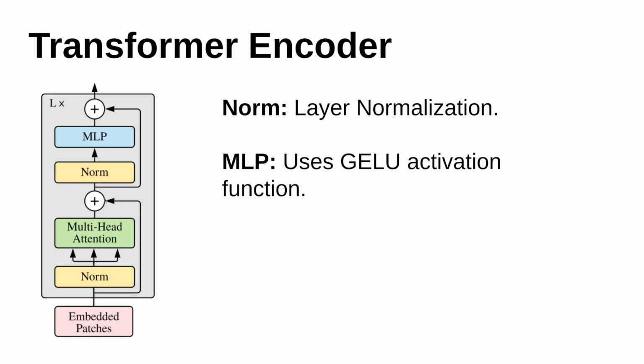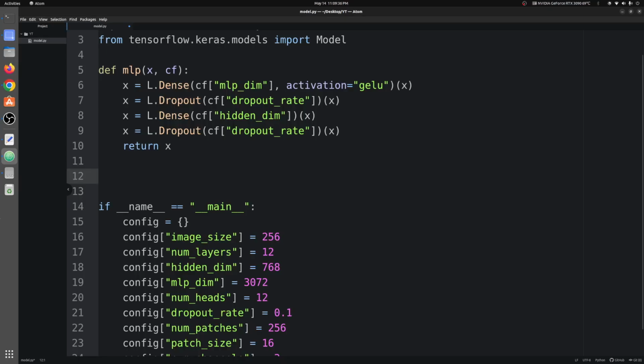The added result is followed by layer normalization. Then we have the MLP, which we have implemented just now, which uses the GLU activation function. And again we have the residual connection, and this encoder block is repeated 12 times because the number of layers here is 12, as we are using ViT base. Now let's move back to our editor.